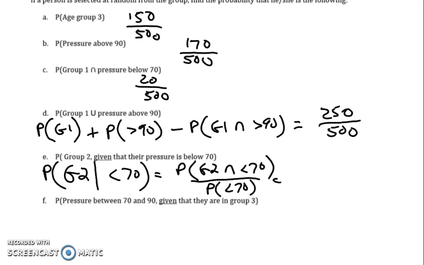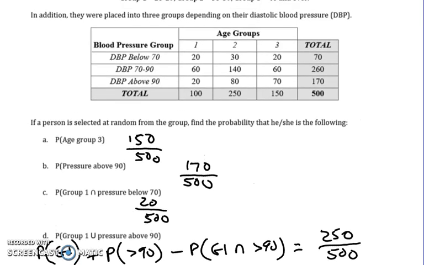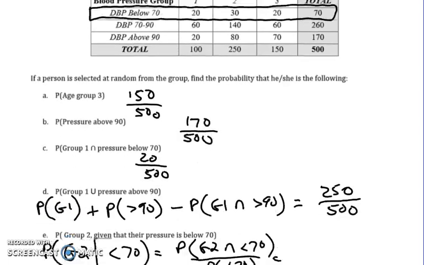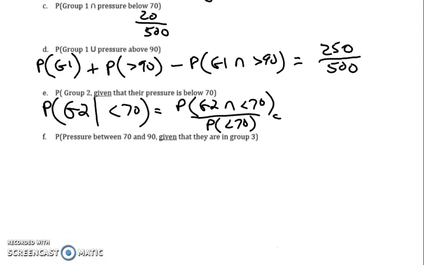So you can look at the table. After giving, the pressure is below 70, so you're only going to look at that row. So the probability that they are in group 2 is 30. And that brings it to 30 over 70.